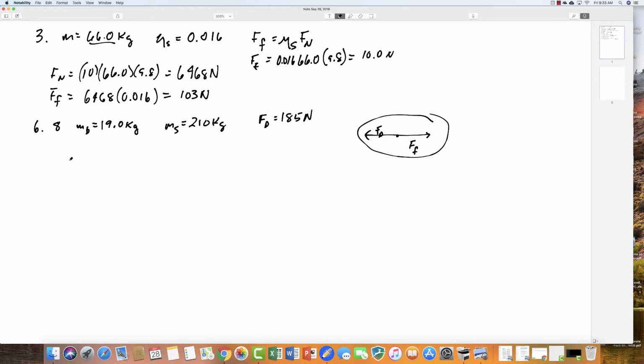So what this means is that the net force is going to equal the force generated by the dogs minus the friction force of the sled, and that's going to equal the total mass of both the dogs and the sled, and that's obviously going to be 8 times that because there are 8 dogs, times the acceleration of the whole system.